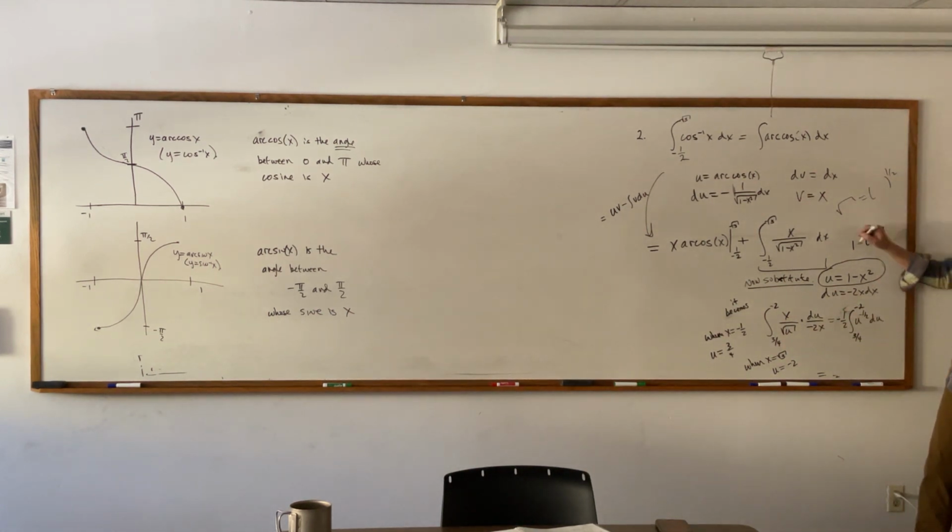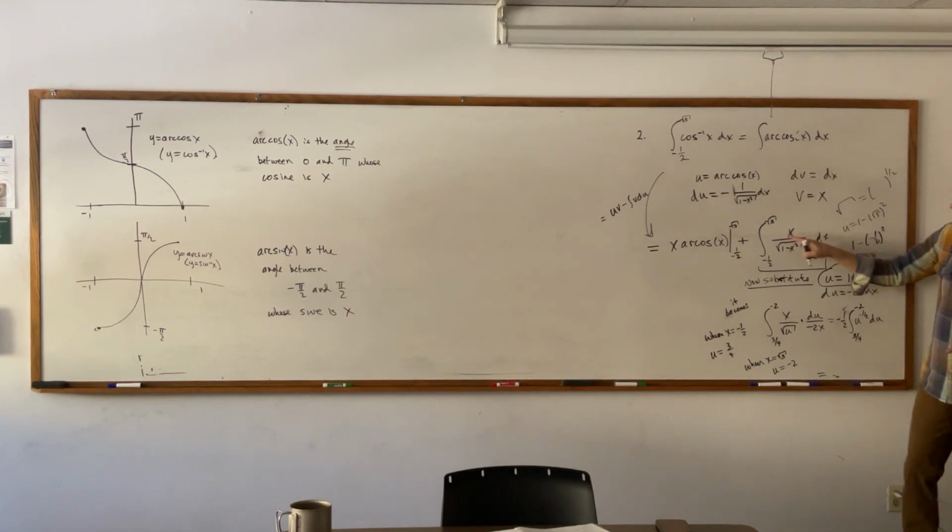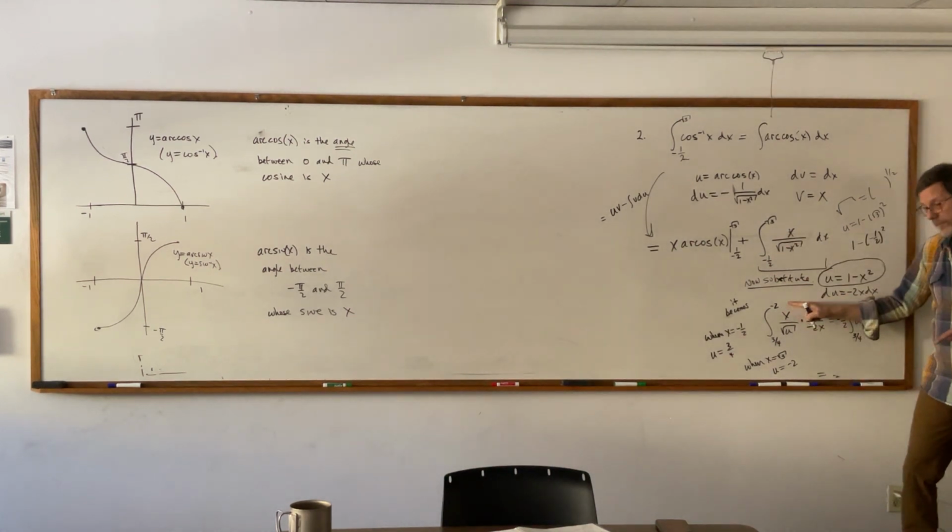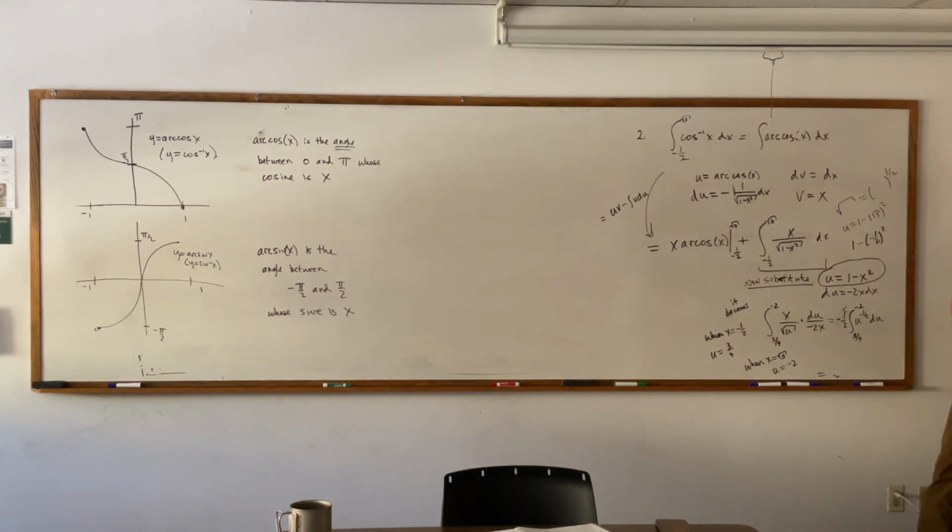And then when x is square root of 3, U is 1 minus square root of 3 squared, so that's 1 minus 3, that's negative 2. It's weird to see that negative limit on top, but it's okay, not a problem. And then that negative 1/2 came out in front, and I got this guy here.